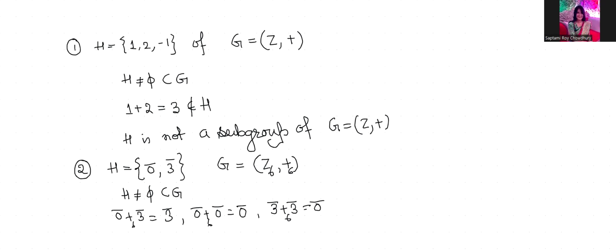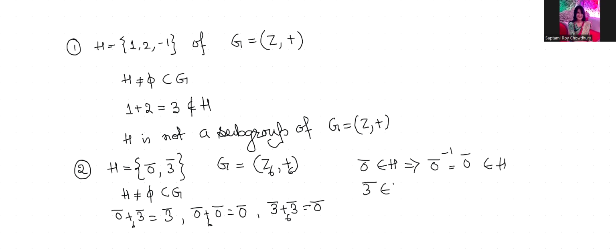0 bar inverse is 0 bar. 3 bar inverse is 3 bar. So all the elements' inverses also belong to H. 0 bar belongs to H implies 0 bar inverse, that is equal to again 0 bar, belongs to H. Same case happens for the 3 bar.